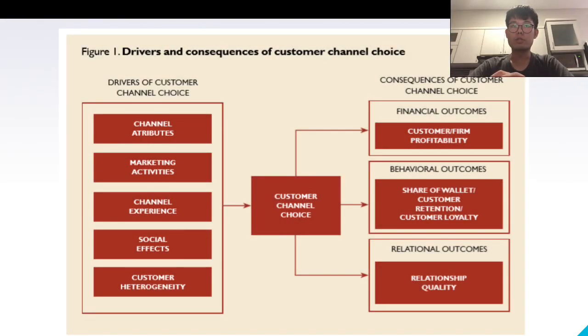This graph shows each of these groups of variables and their influences on channel choices. To recognize which channels a customer prefers and the drivers of these preferences, please look at the figures and listen to the following factors which are components of this graph.